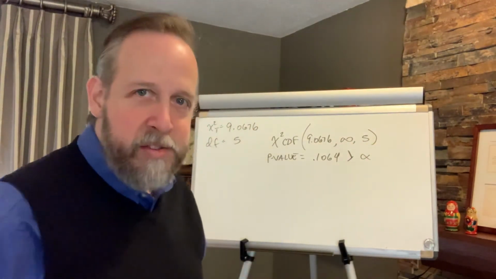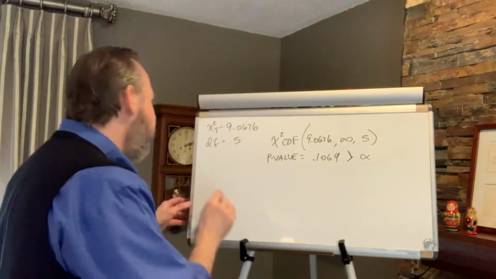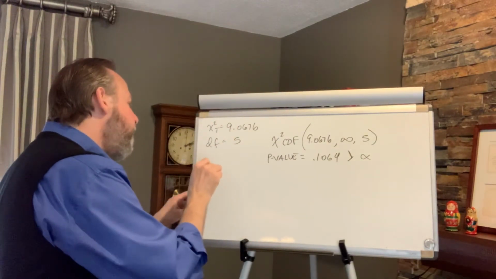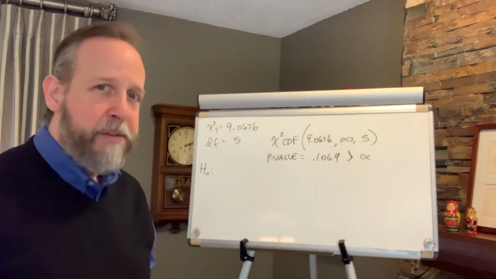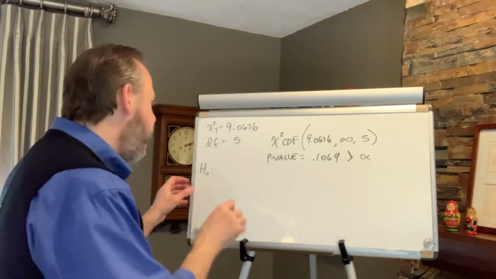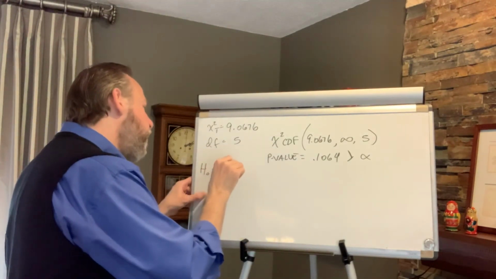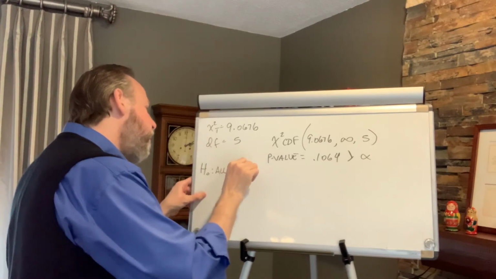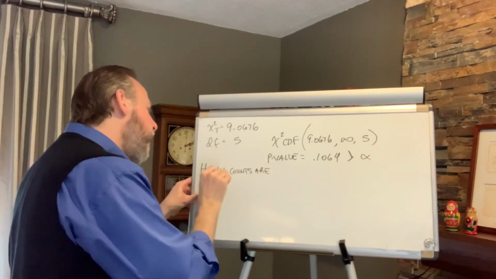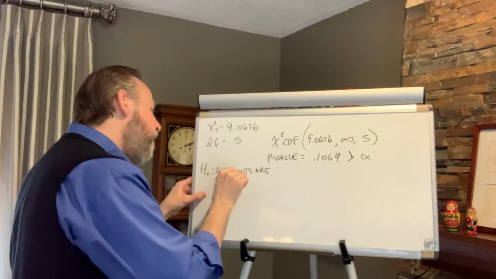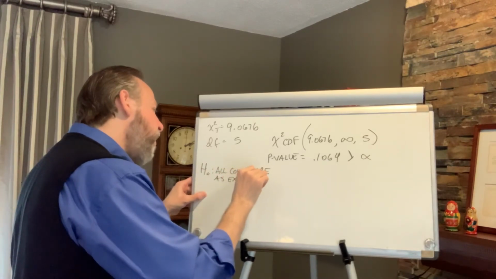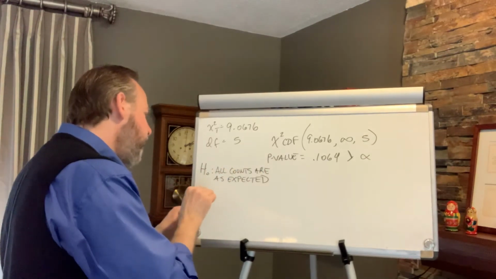Oh, I didn't give you the statements yet. They're real easy. The null statement for a chi-square goodness of fit test is simply this. It's words. All counts are as expected, meaning we saw everything we expected to see.